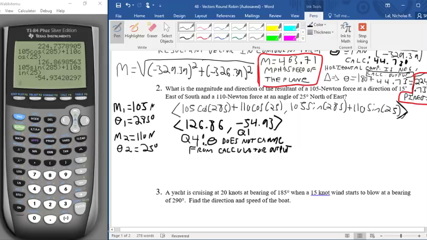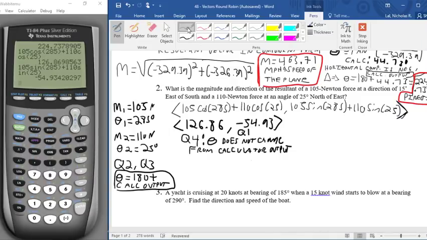This is just a side note. If you're in quadrant 2 or quadrant 3, your direction is going to be equal to 180 plus the calculator output. So remember, if your calculator output is negative, 180 plus a negative number is 180 minus a positive number.